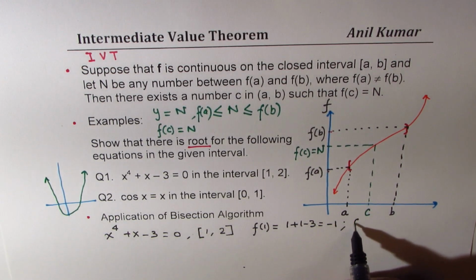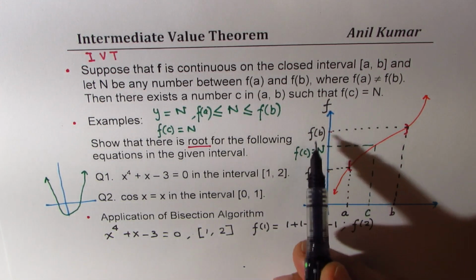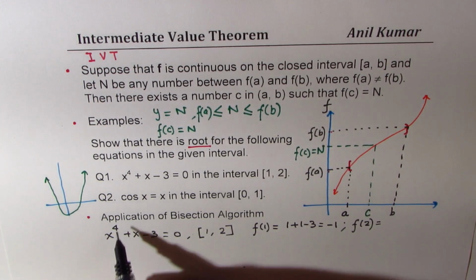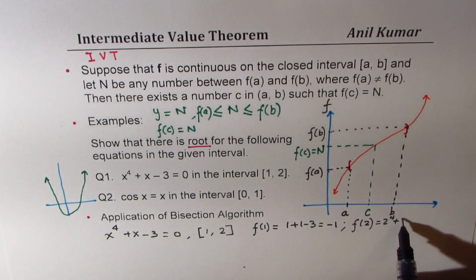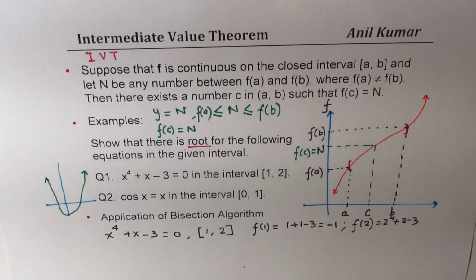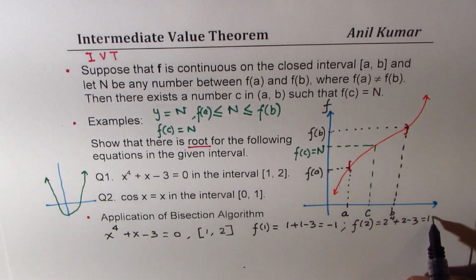And now let's find f of 2. So these are f(a) and f(b) for you. It is 2 to the power of 4 plus 2 minus 3. 2 to the power of 4 is 16, 16 plus 2 is 18, and 18 minus 3 is 15.